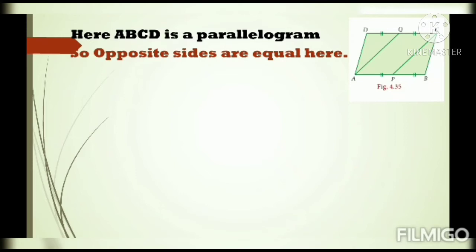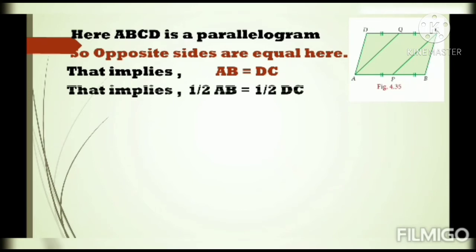Also, AD and BC are the opposite sides. So, AB and DC are opposite sides of the parallelogram that are equal. So, AB equals DC. Here I am dividing both sides by 2. So, AB divided by 2 equals DC divided by 2.